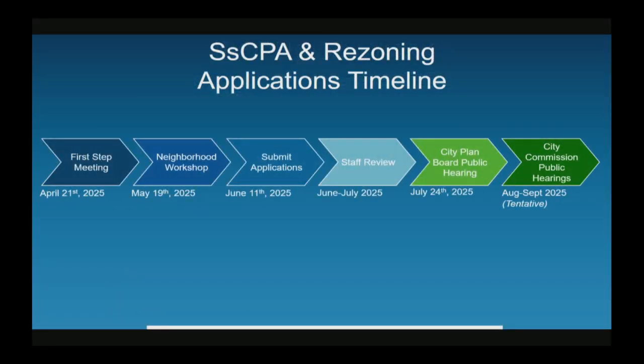So we followed the process, beginning with the first step meeting on April 21st, 2025, neighborhood workshop on May 19th. We submitted the applications in early June, and now that staff has reviewed, they've concluded the applications are sufficient for public hearing. And that brings me to present these applications tonight.